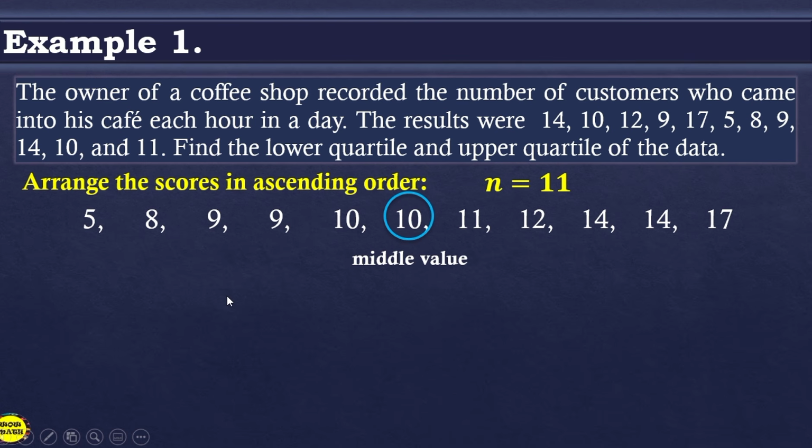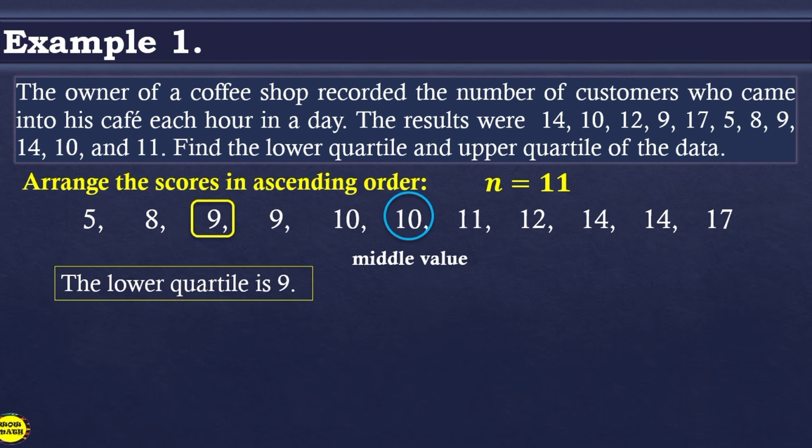Pag kinukompute natin yung median, kapag odd number yung given scores, may isa lang tayong middle value. Pero kapag even yung given na scores, dalawa yung middle value natin. Since ito 5, isa lang yung middle value natin, and that is 9. So, the lower quartile is 9.